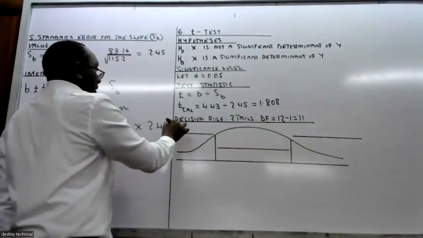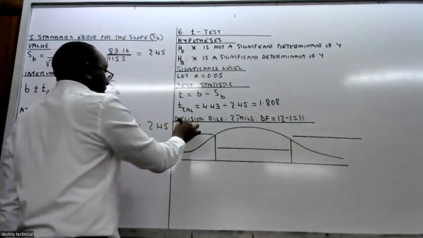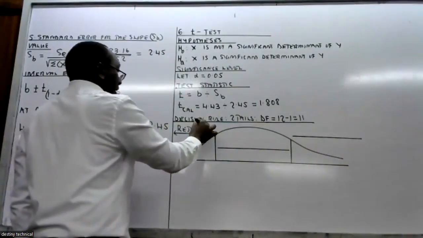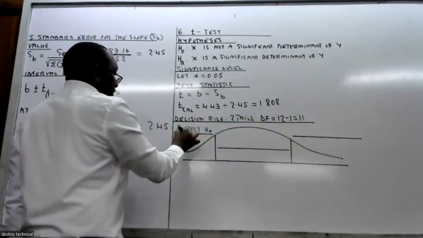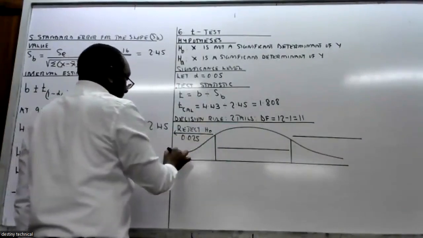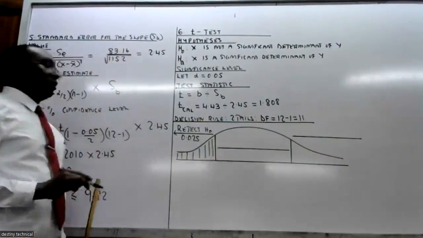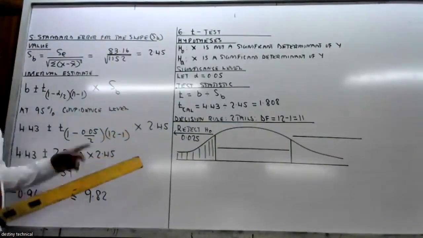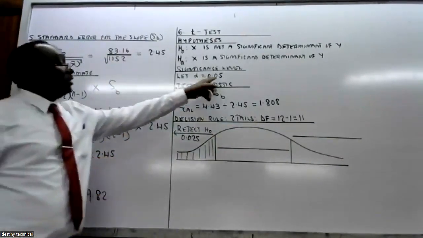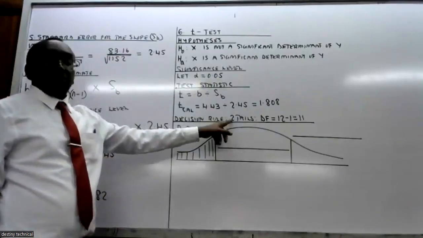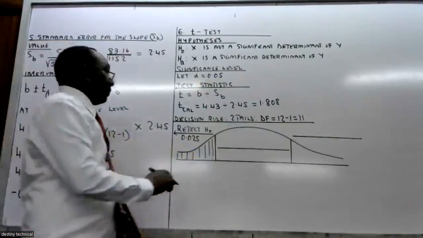So here we will say reject null, and this is 0.025. Now 0.025 comes from this 0.05 when it is divided by 2, because we are doing two tails.